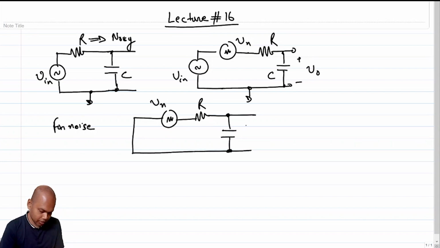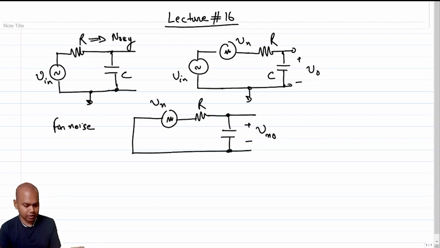Vn, this is R, and we are taking the output across the capacitor, and since there is nothing other than the noise source, the voltage that I am going to observe on the capacitor is basically the noise voltage.